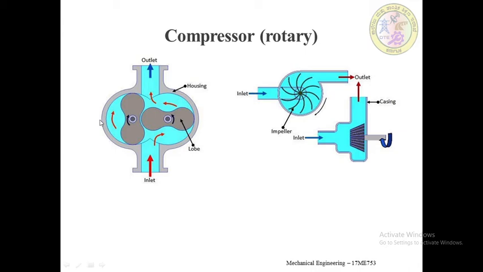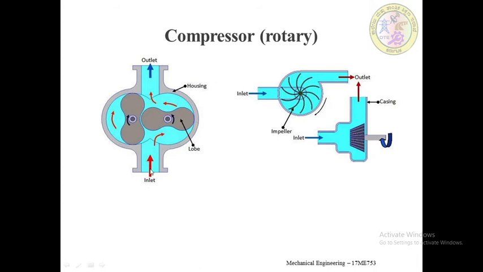That kind of application we prefer lobe compressors, and it consists of two lobes, one being driven and another being driving. This is the driven, this is the driving. This is the casing, and these two pieces are known as lobes.